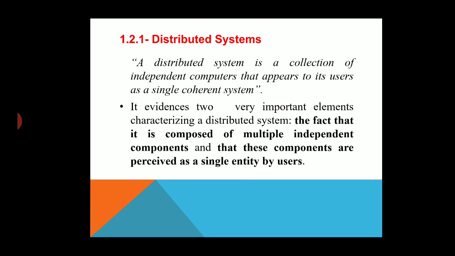Computer systems can be located at different places with different configurations or types. All of these are connected with each other through a network, but perform as a single system. That's what makes it unique.